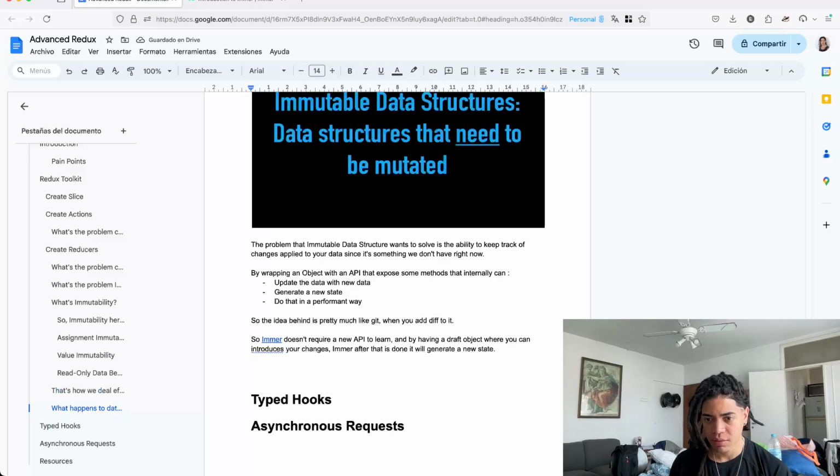And then you've got Immutable.js. Okay. Nested object, many modifications. Nested object, few modifications. Simple object, many modifications.